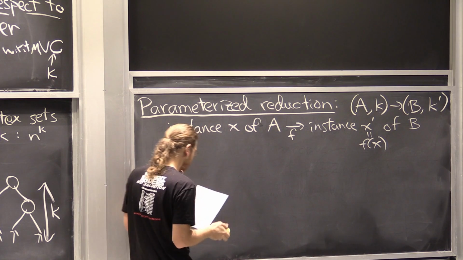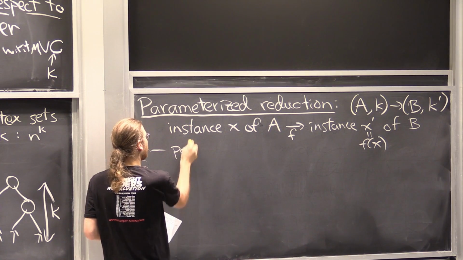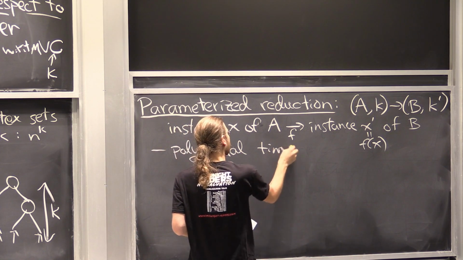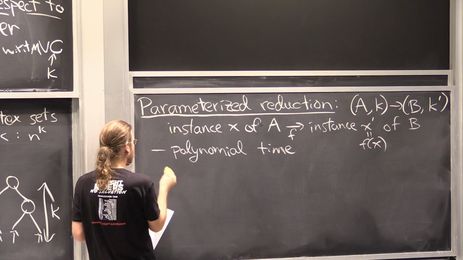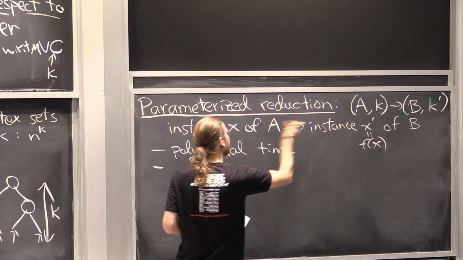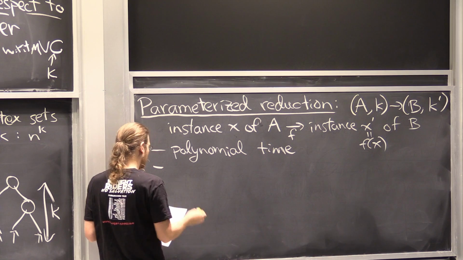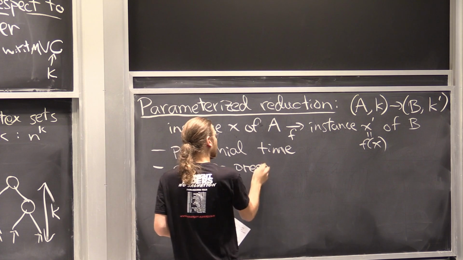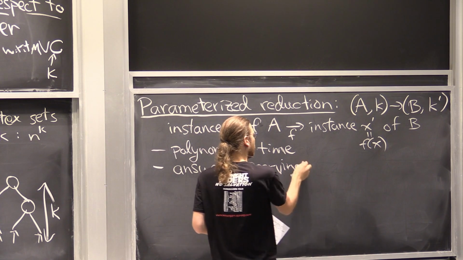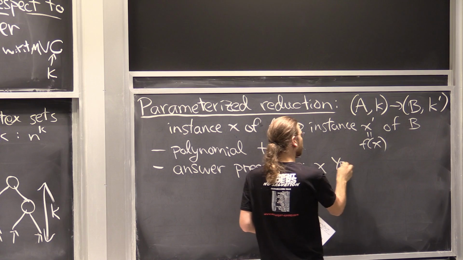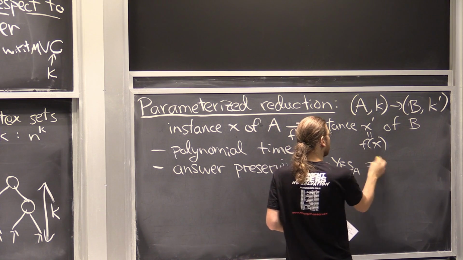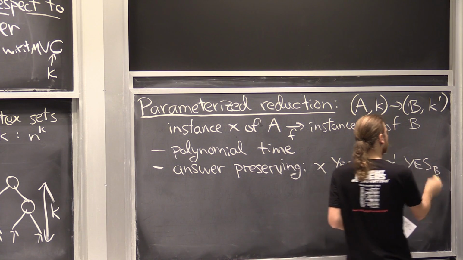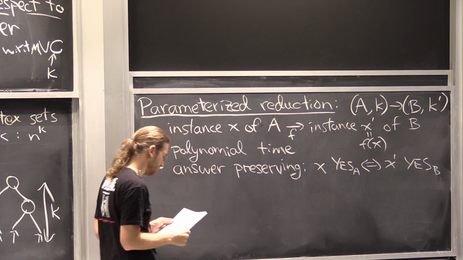As usual, this needs to be a polynomial time function, just like for NP reductions, which means in particular x prime has polynomial size with respect to x. It should be answer preserving. So x is a yes instance for A if and only if x prime is a yes instance for B. So far, exactly NP reductions.